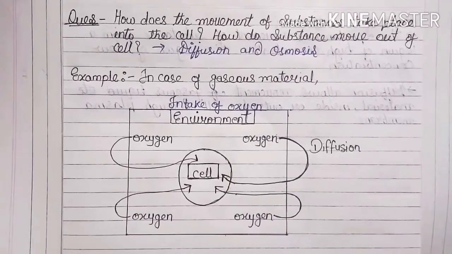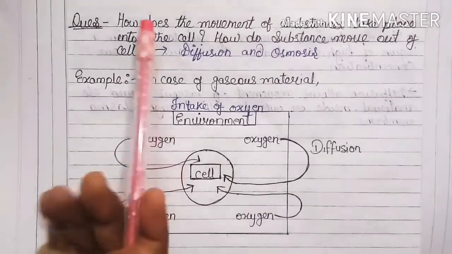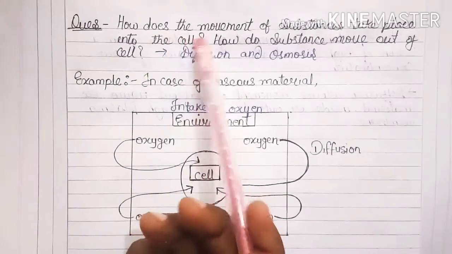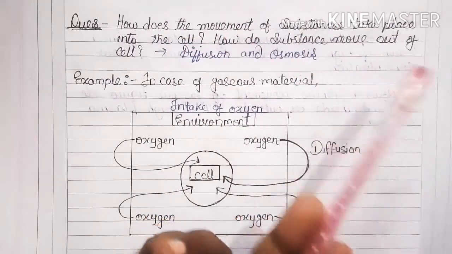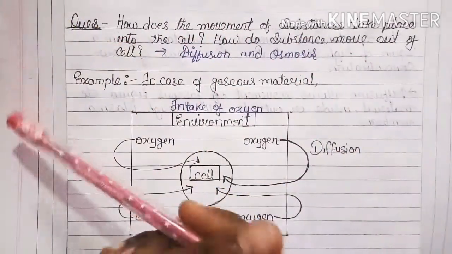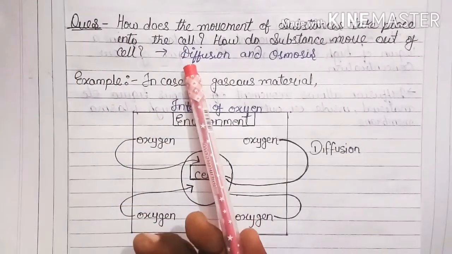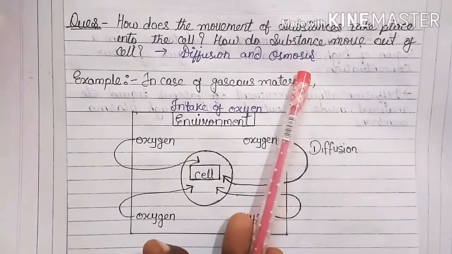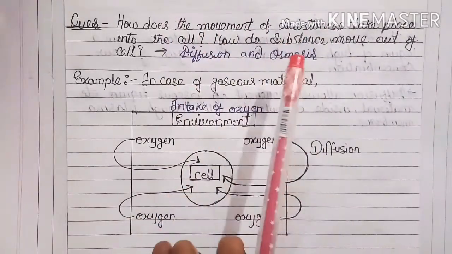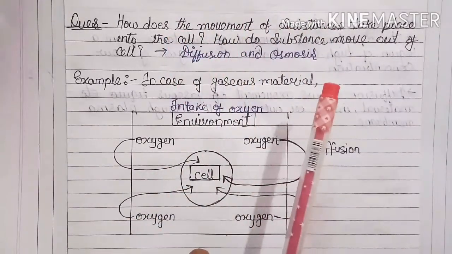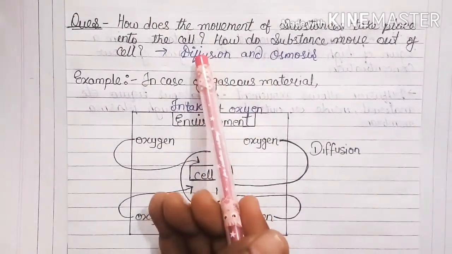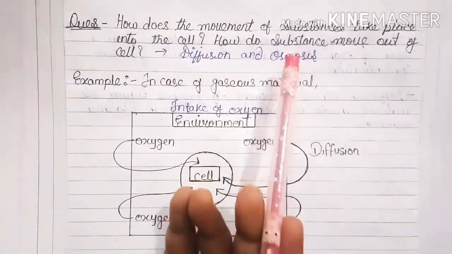Now the question arises: how does the movement of substance take place into the cell and how does substance move out of the cell? So the answer is, with the help of diffusion and osmosis, the materials go out and inside of the cell. We will study diffusion and osmosis in detail.